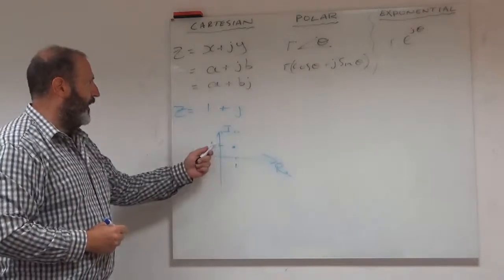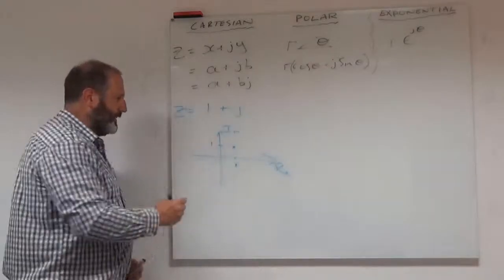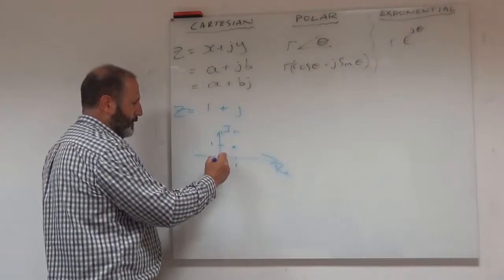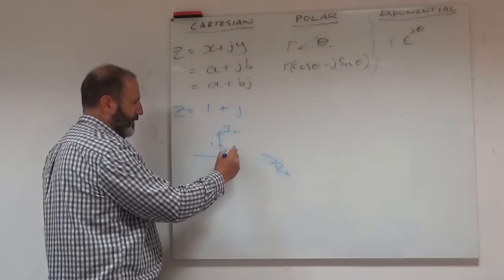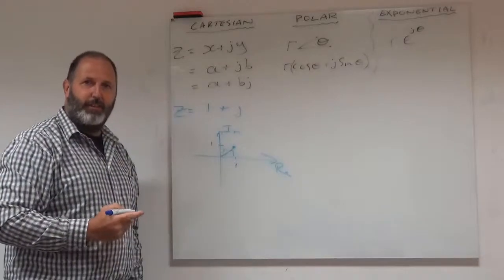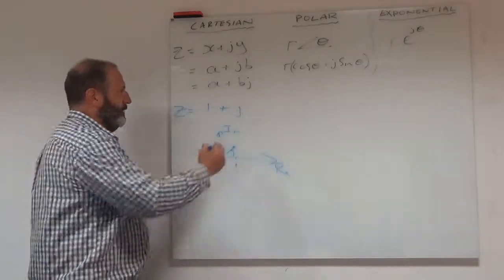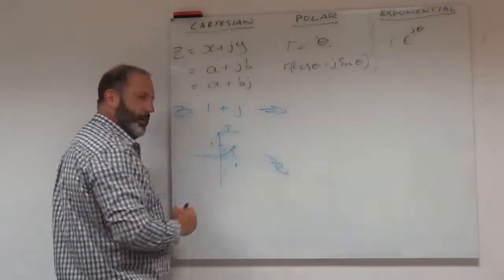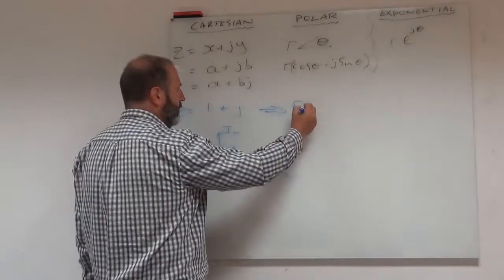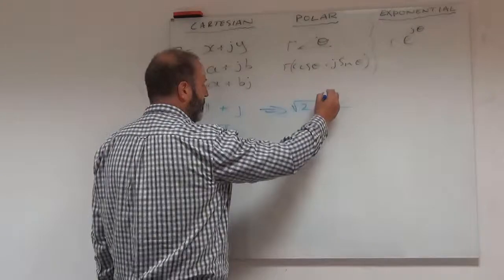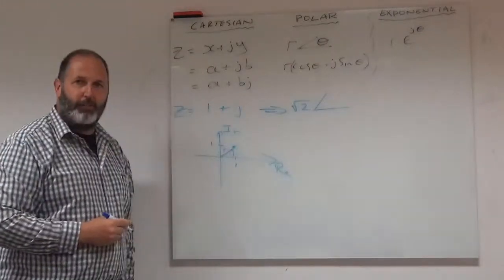I could convert that, because I've picked nice numbers, quite easily to polar form. So I want to know the length of that line r, and want to know that angle there theta. Well, the length of that line would be root 2, and my angle would be 45 degrees.